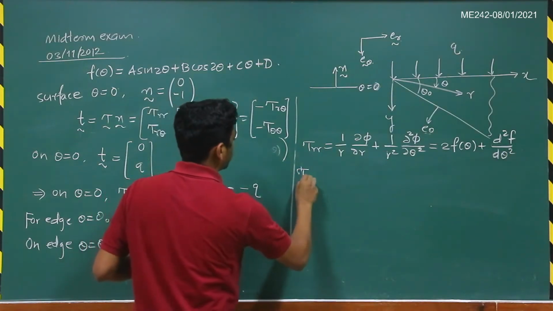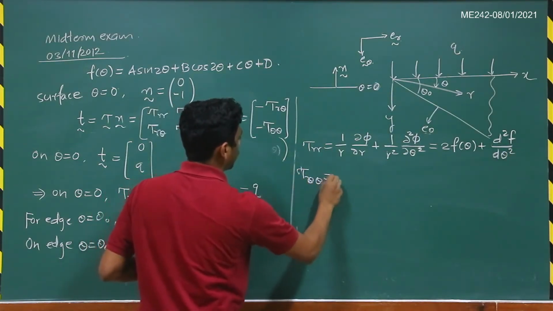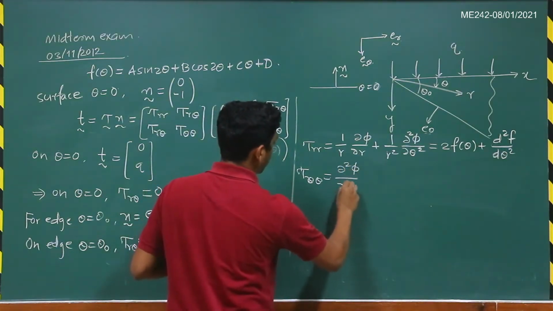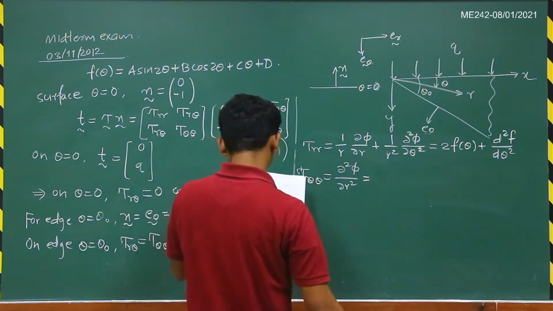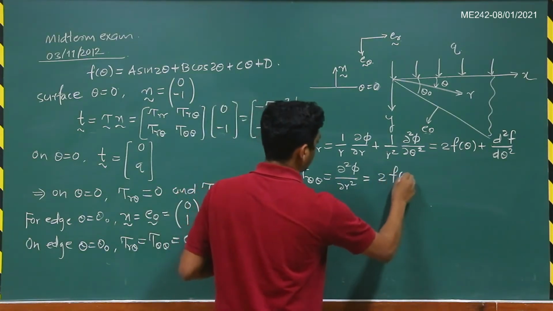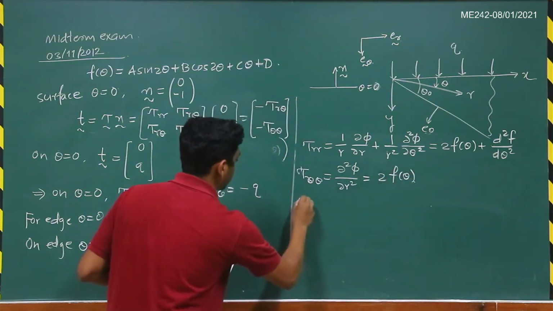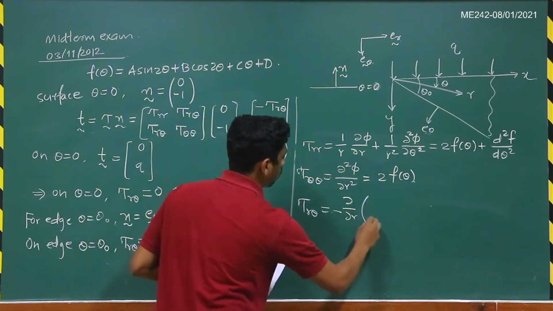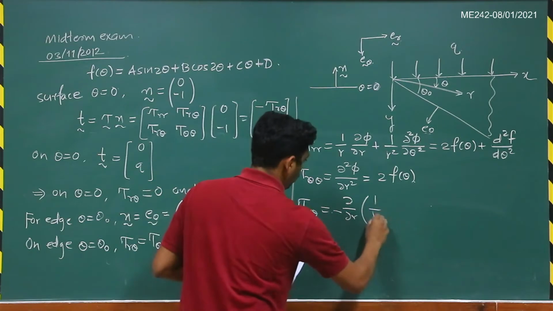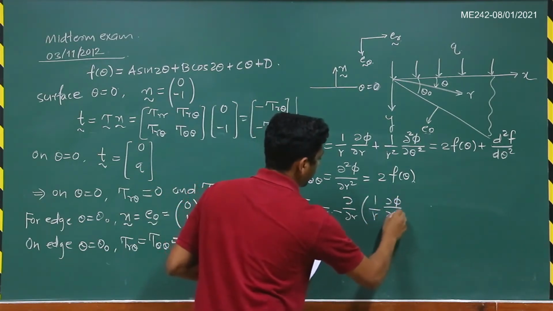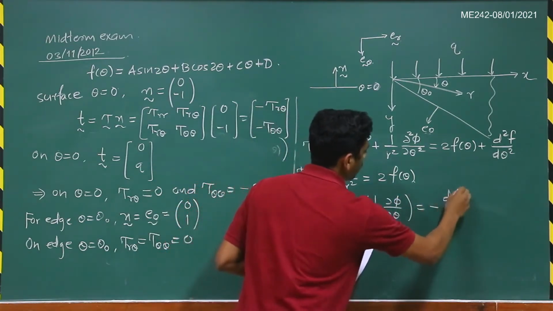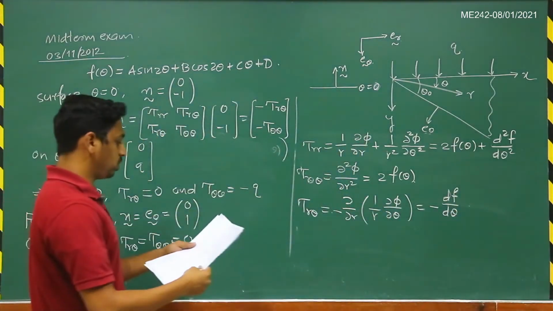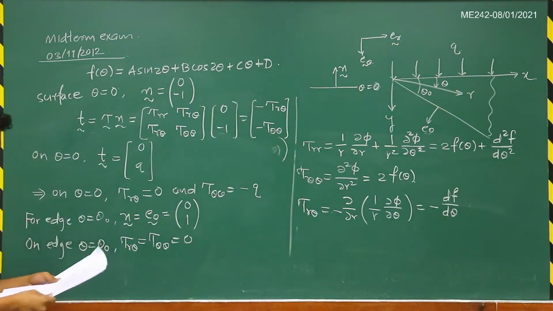Similarly, for tau theta theta, which is del square phi over del r square, this equals 2 times f of theta, and tau r theta equals minus del by del r of 1 over r del phi by del theta, which comes out to be minus df over d theta.